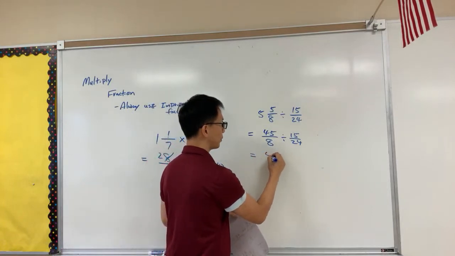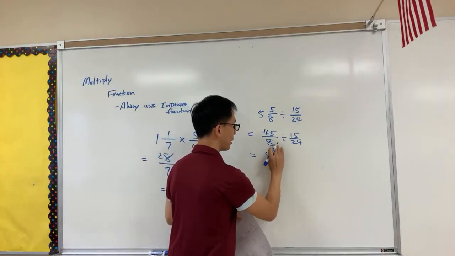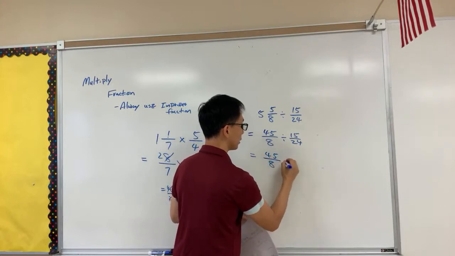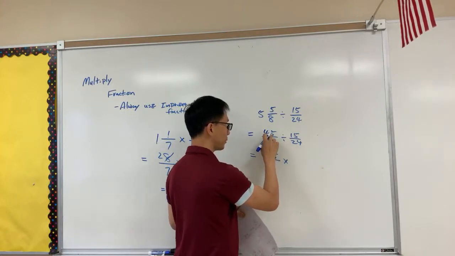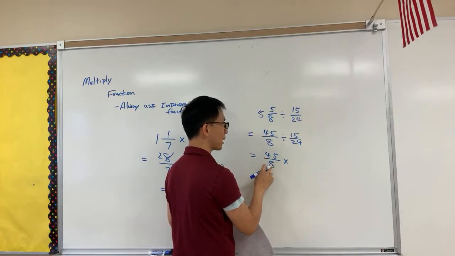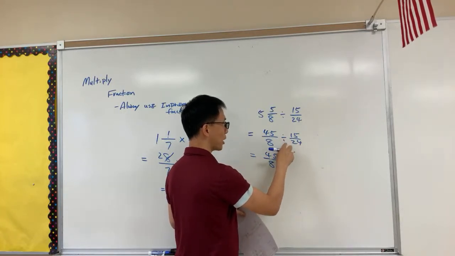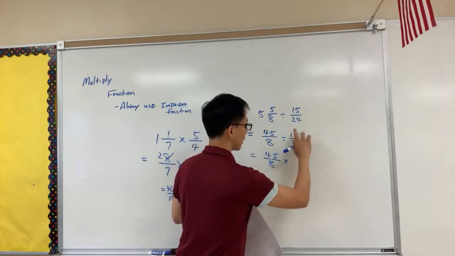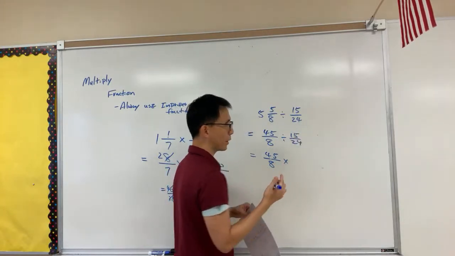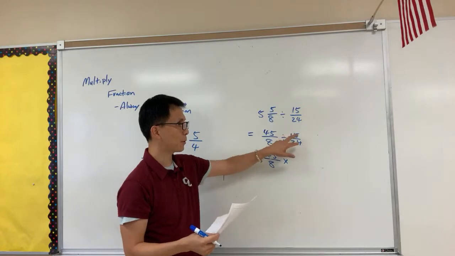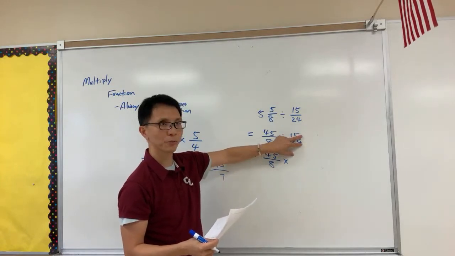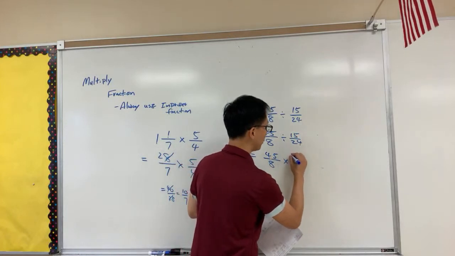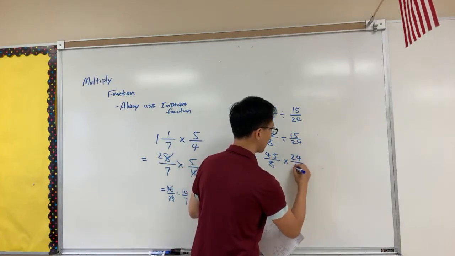So that's going to be 45 over 8 times, so I changed it from a division sign to a multiplication sign. And then I'm going to flip this. One term you have to understand is reciprocal in math: it means you flip the fraction. So the reciprocal is going to be 24 over 15.